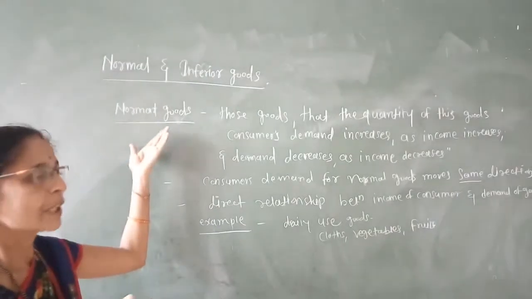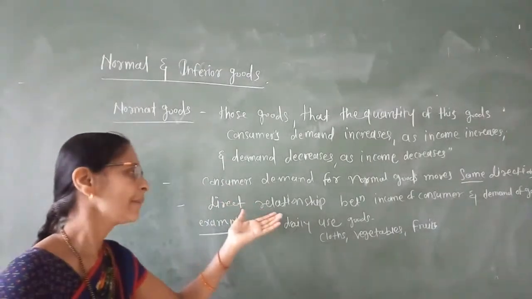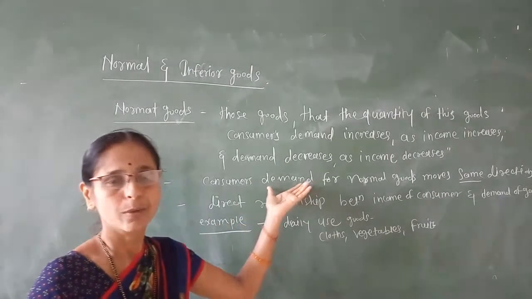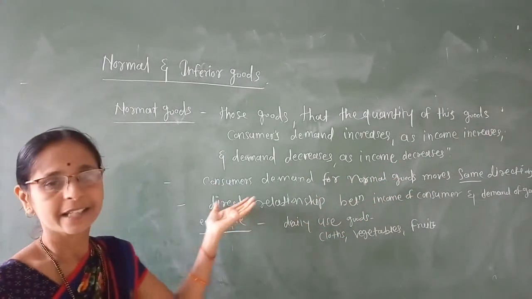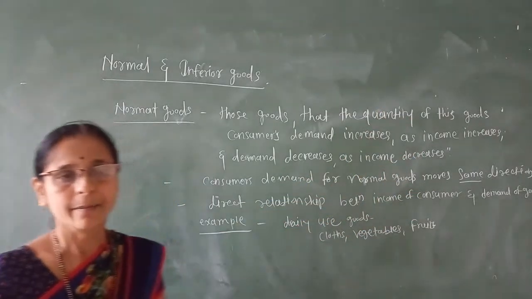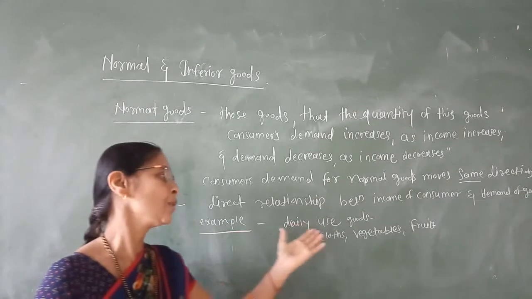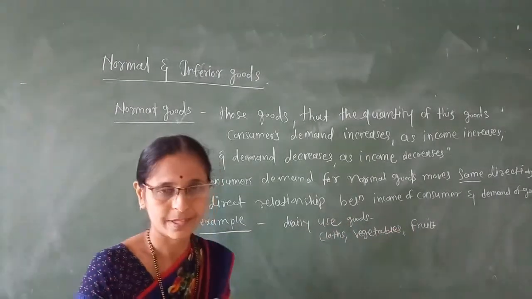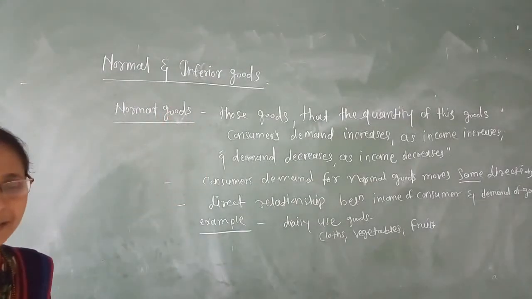Those goods we call normal goods. So the consumer's demand for normal goods moves in the same direction, and there is a direct relationship between the income of the consumer and the demand for normal goods. For example, daily use goods like clothes, vegetables and fruits. So this is all about normal goods.